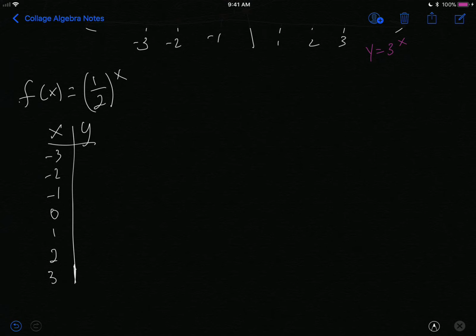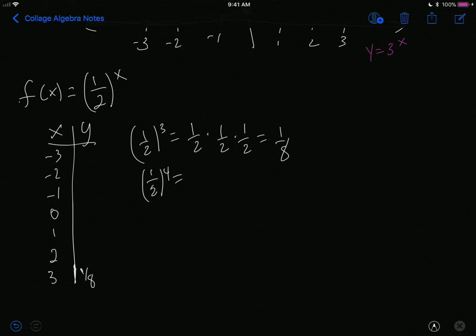Of course, I've got to plug those numbers in. So 1/2 raised to the 3rd power is 1/2 times 1/2 times 1/2, which is 1/8. So 1/8 down here. 1/2 raised to the 4th power will be 1/16.